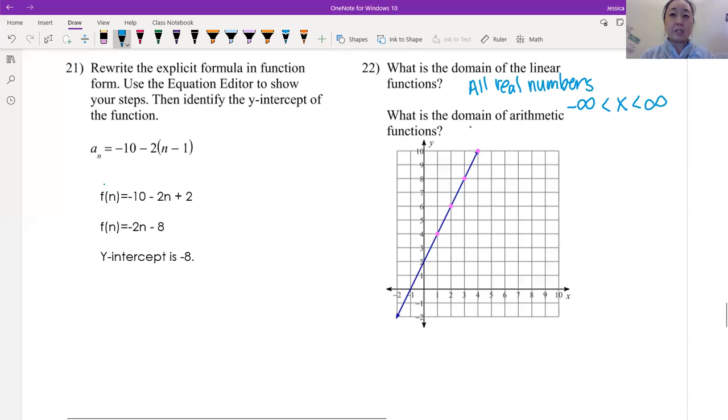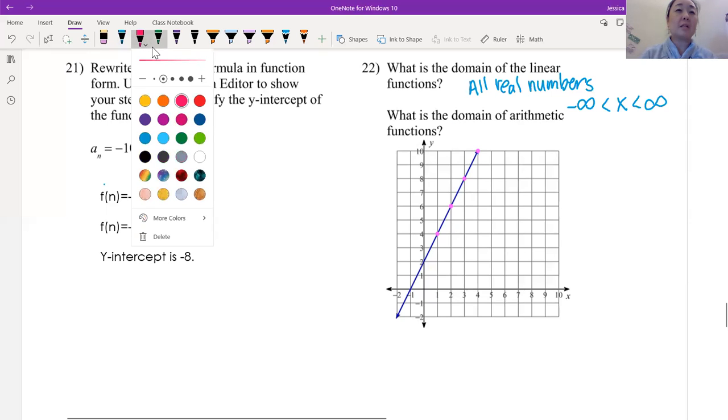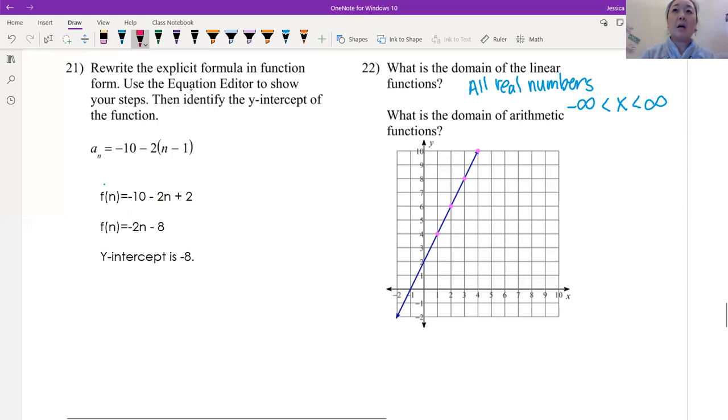And so then the question is, what is the domain of arithmetic functions? Now the arithmetic one, I'm going to indicate with this pink, to kind of match this one. Do you see these ones? This is the arithmetic sequence right here. If you notice, for the domain of linear functions, all of these decimal points in here are okay, those are all solutions.